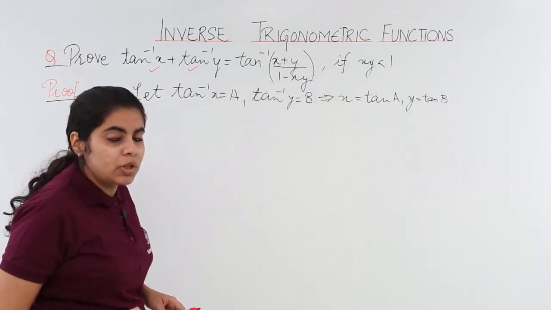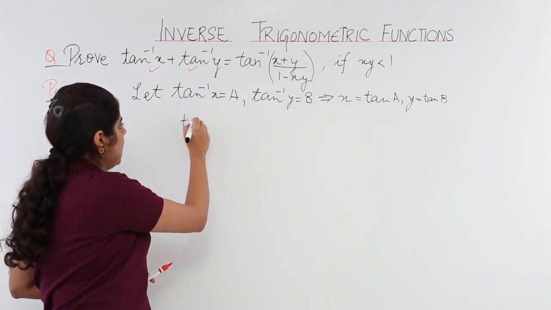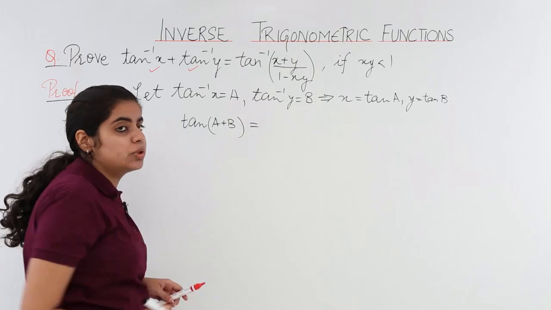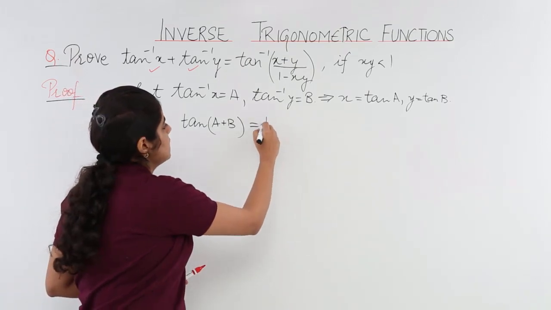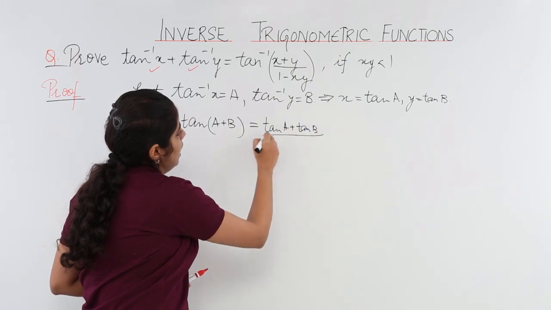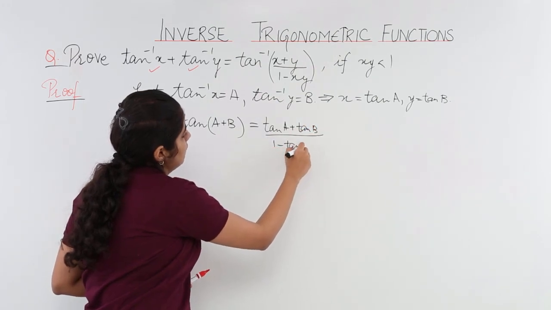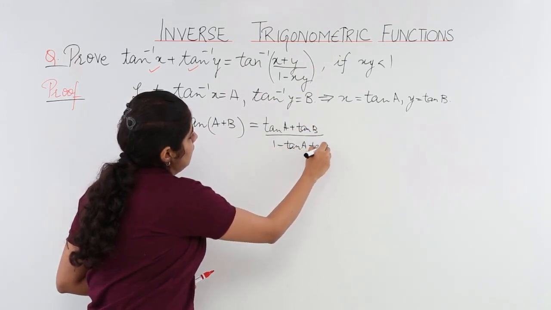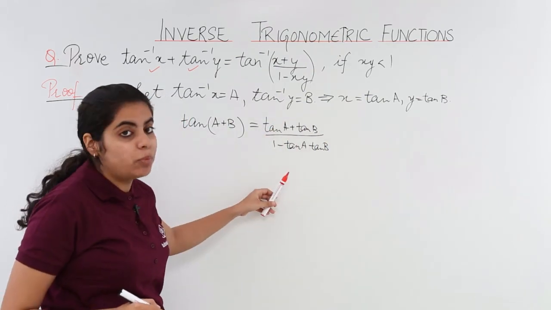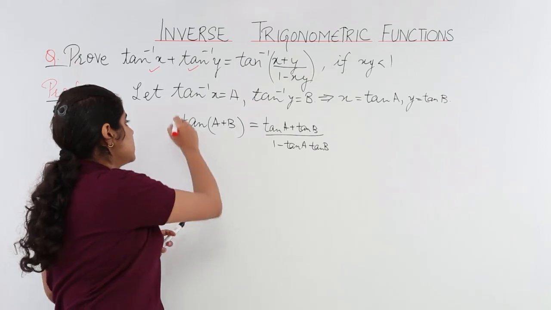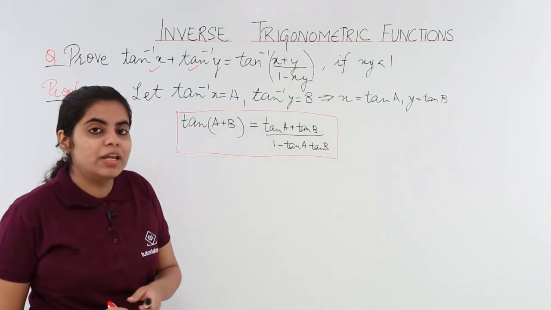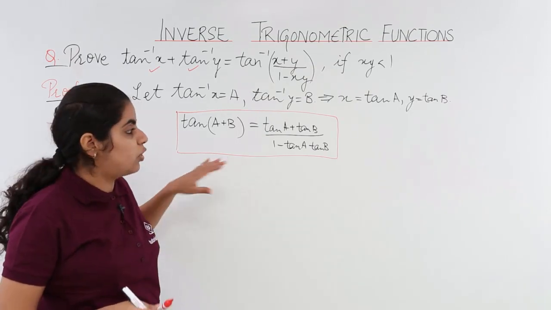Now, what is tan(A plus B)? We know the formula from our junior classes: it is tan A plus tan B upon 1 minus tan A tan B. I am writing it in a box so that you understand easily that it is a formula.